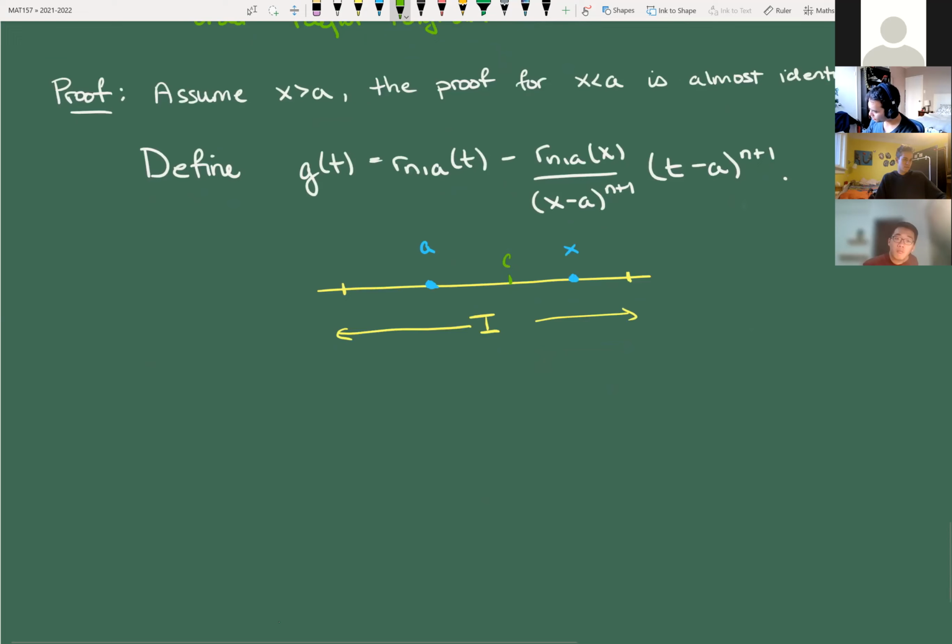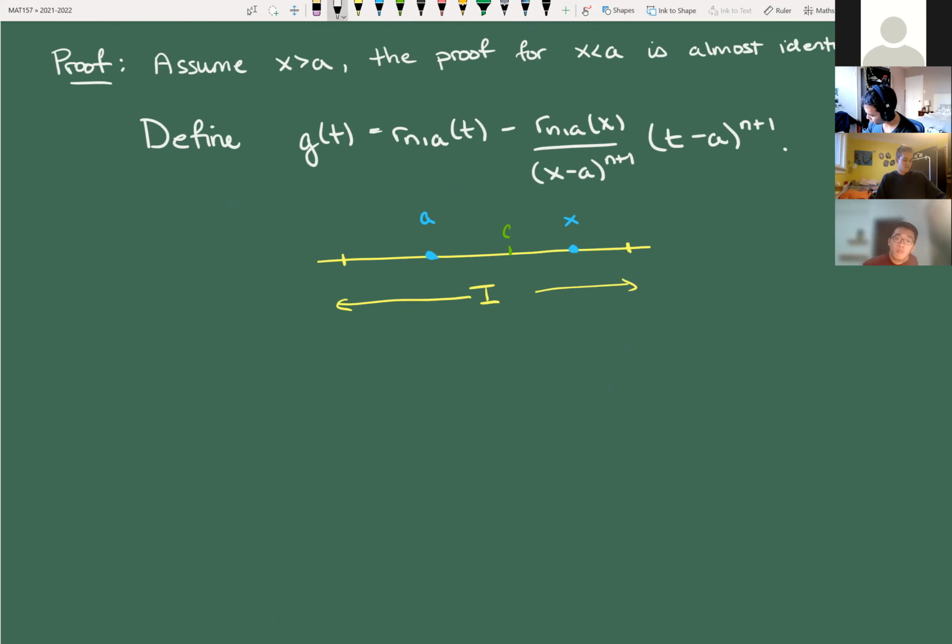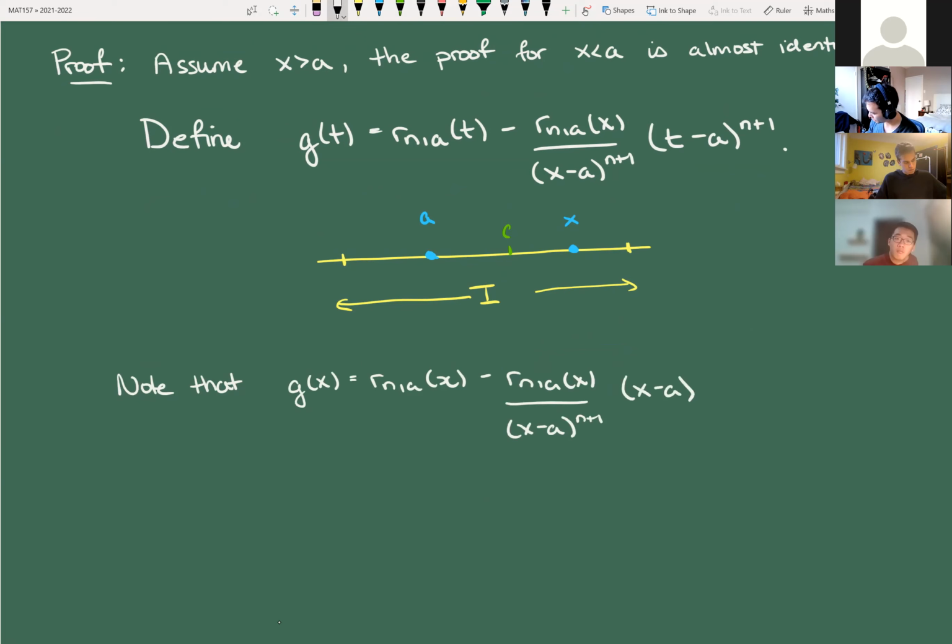Okay, and what we're going to realize here, so note that if I plug x into this, what do I get? I get r sub n a of x minus r sub n a of x divided by x minus a to the n plus 1 times x minus a to the n plus 1. Lo and behold, something cool happens. The x minus a to the power of n plus 1s cancel each other out, leaving me with just r of x minus r of x.